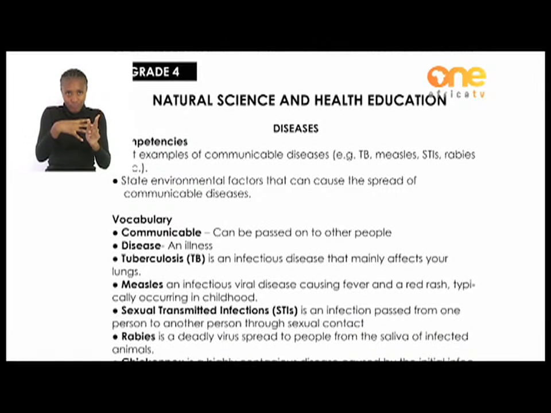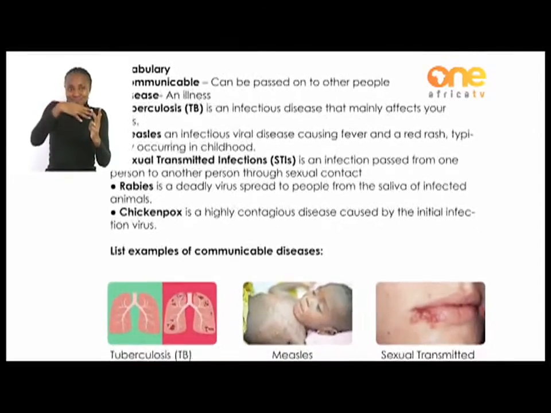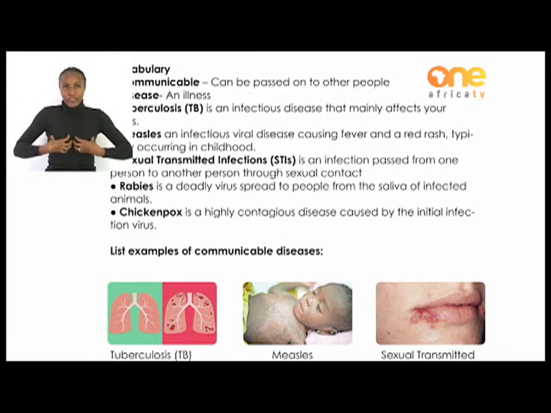During our lesson, we'll be using some new words that I want you to understand. Communicable: can be passed on to other people. Disease and illness. Tuberculosis, which is TB, is an infectious disease that mainly affects your lungs. Measles is an infectious viral disease causing fever and a red rash, typically occurring in childhood.